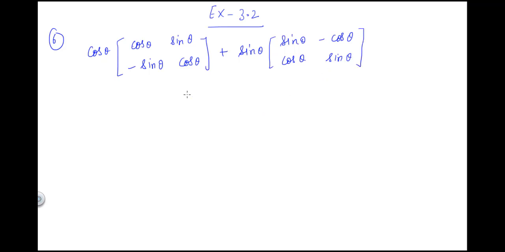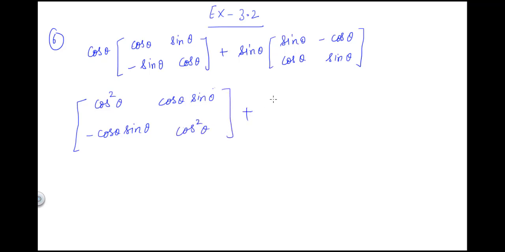Now multiplication of a matrix by a scalar means cos theta will get multiplied with each and every entry here. So the matrix becomes cos square theta, cos theta sin theta, minus cos theta sin theta, and the last element becomes cos square theta. Plus, in the other matrix we have sin into sin, which is sin square theta, minus sin theta cos theta, sin theta cos theta, and the last element is sin square theta.